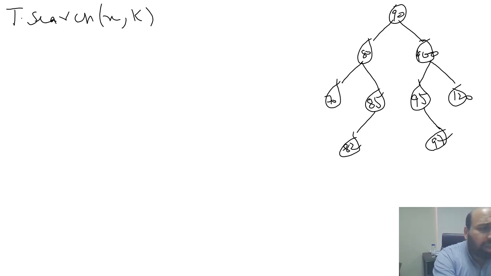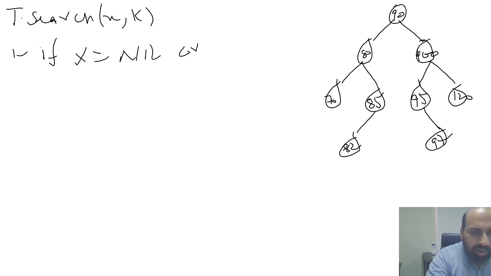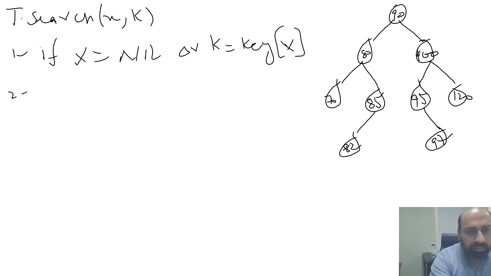So what I need to do is, if x is nil or you got the k at key of x, right? If this is true, then what do you need to do? Simple, you got it, return x. But if it is not true, you are not getting the key at that point, and it is not nil, so what do you need to do?